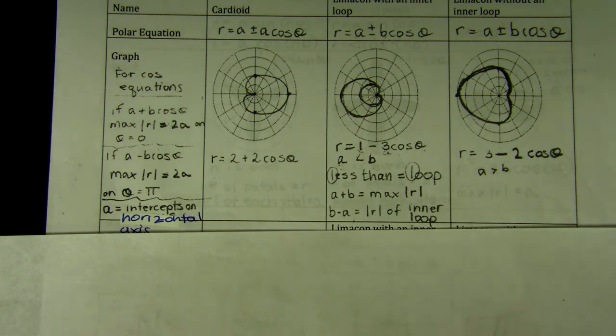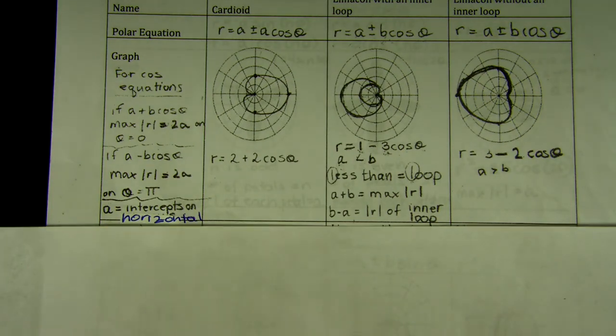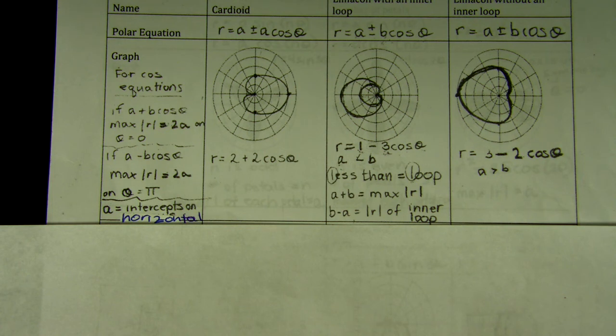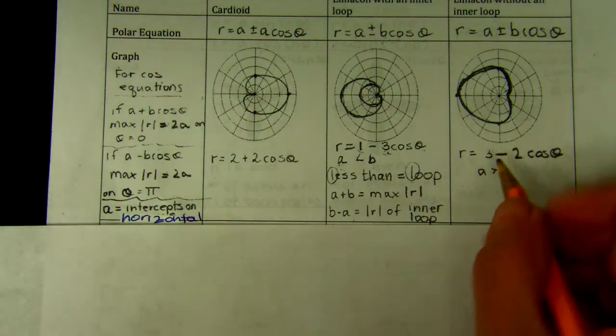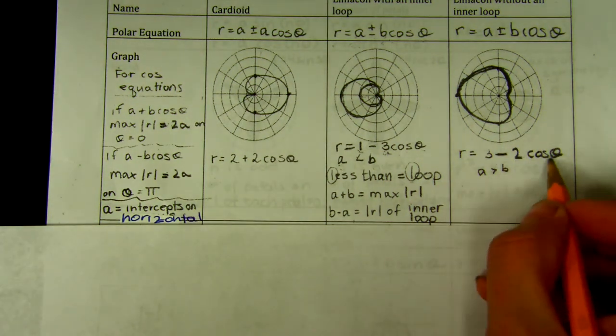Okay, let's look at the next one. A limacon without an inner loop. Still the same form of the equation, a plus b cosine theta. However, this time, a is greater than b. For example, 3 minus 2 cosine theta.